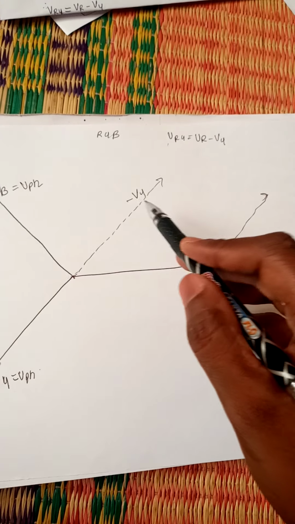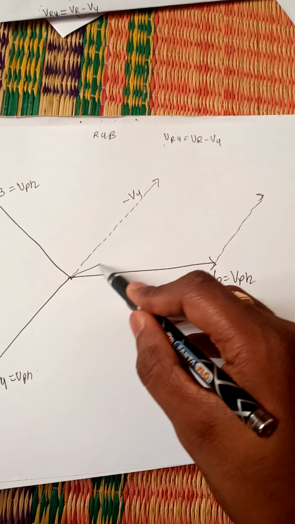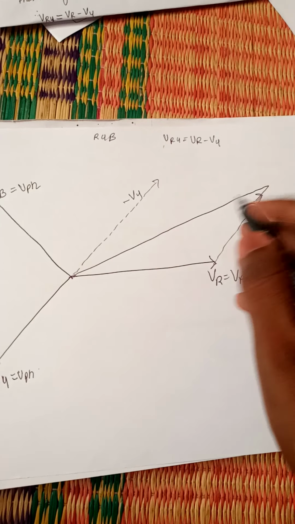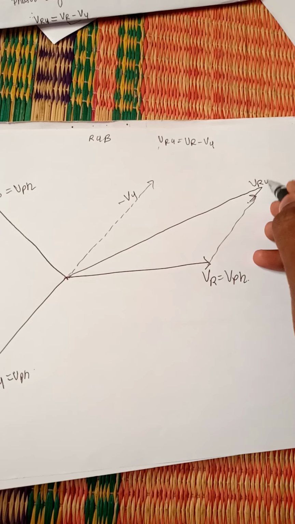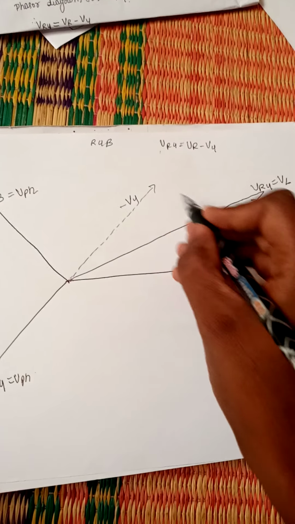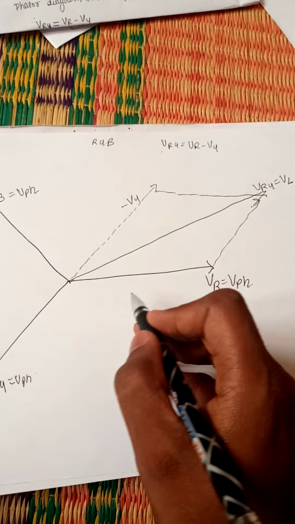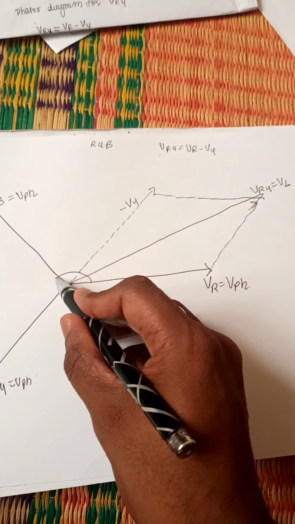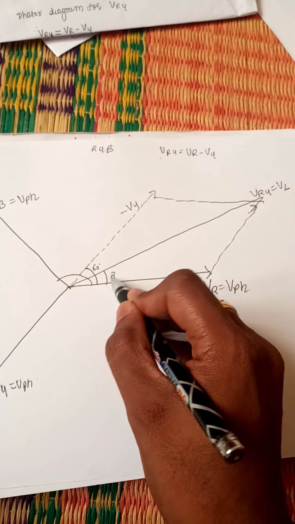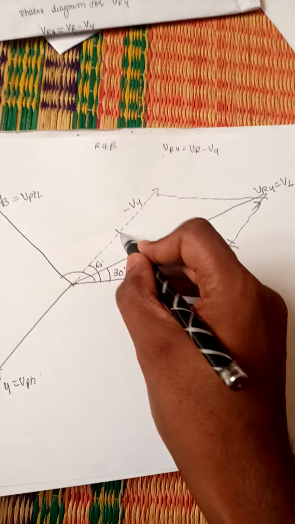If you add VR and minus VY, then you will get VRY, that is the resultant of these two vectors. This is your VRY, that is nothing but your line voltage. So you join the line like this. As you all know, this angle is 120 degrees, this is 60 degrees and this angle is 30 degrees. This side is equal to this side.